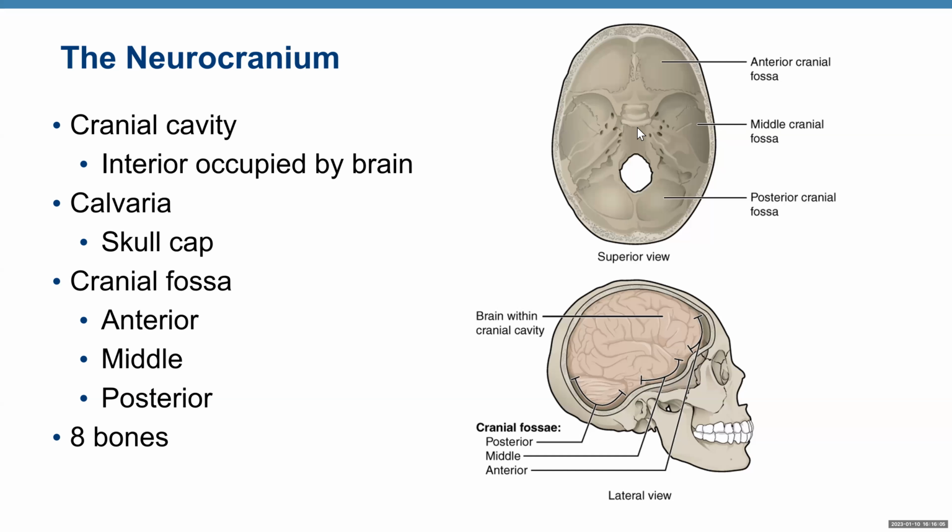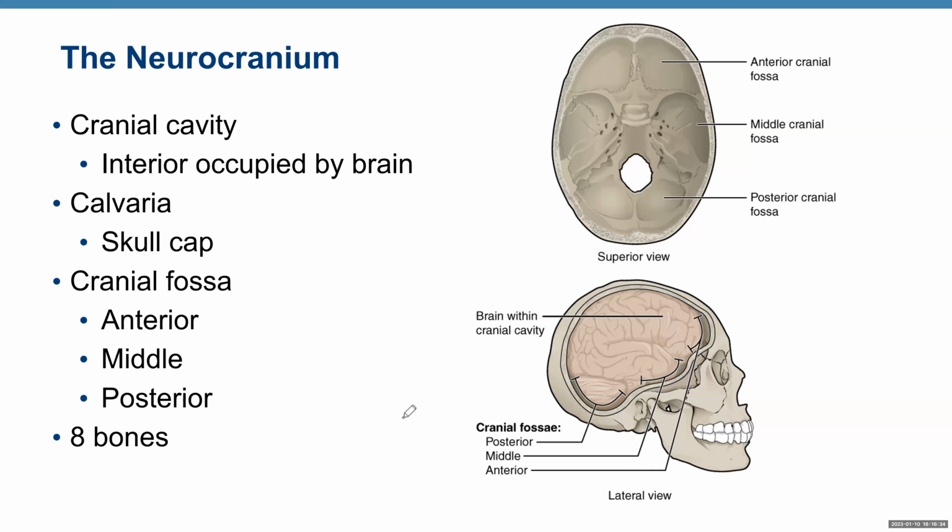So we have the cranial cavity shown over here, that's the inferior part of the skull, and we have calvaria, that is the cap. Within the cranial cavity, you will find several fossae: anterior fossa, middle fossa, and posterior fossa, and different parts of the brain are located in those fossae.